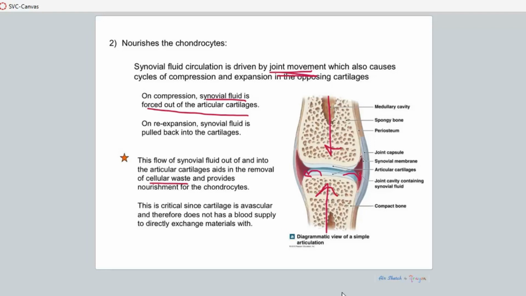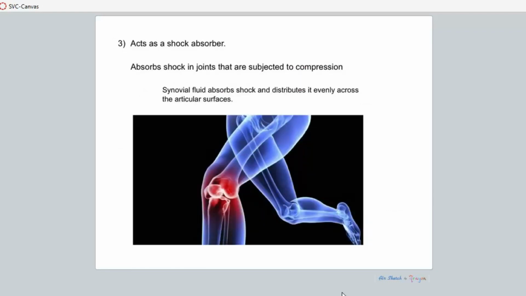Then when the joint expands and there's no longer compression, synovial fluid is pulled back into the articular cartilage, and with it goes oxygen and glucose and all the other important stuff that it needs. Synovial fluid acts as a shock absorber.